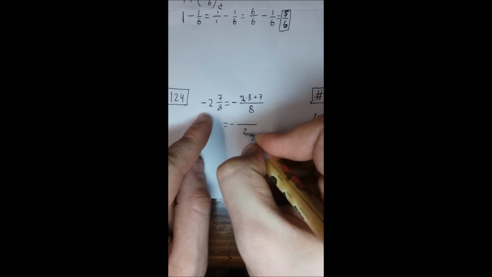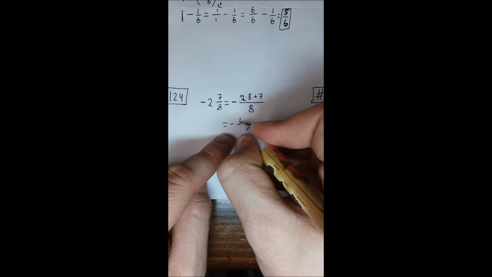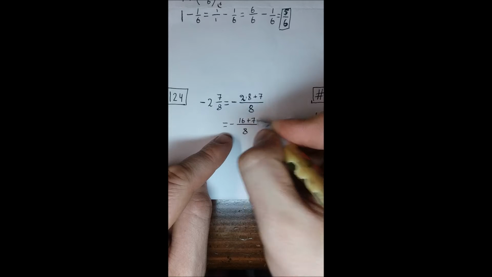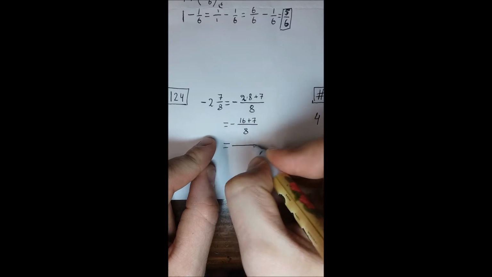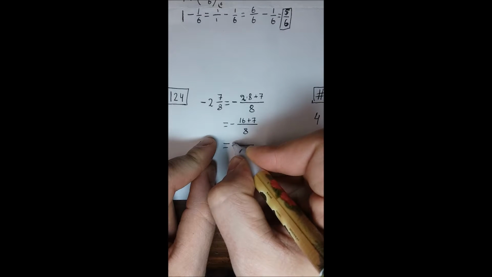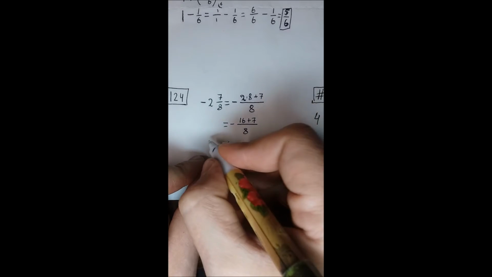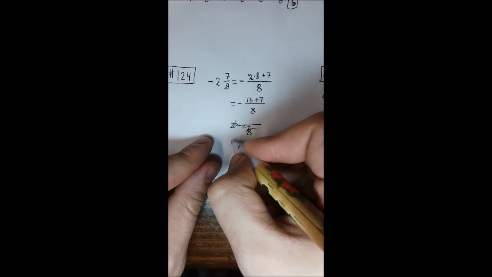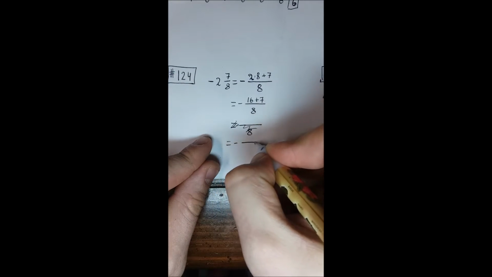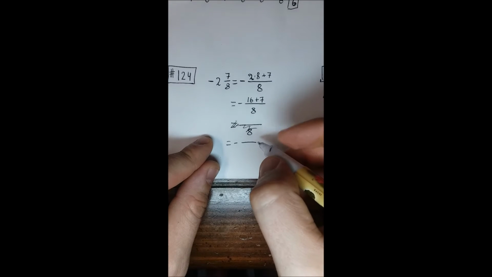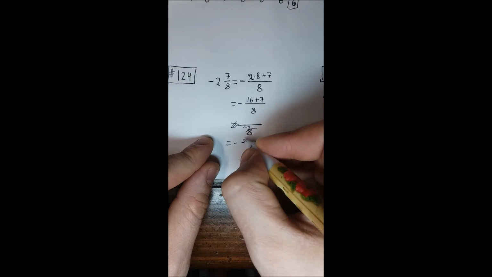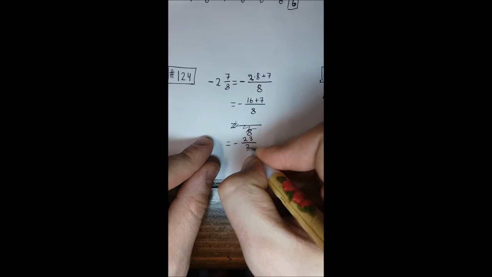Again, 2 times 8 is 16 plus 7. Oops, I made a mistake here. So it's going to be minus 16 plus 7 is 23. So it's negative 23 over 8.